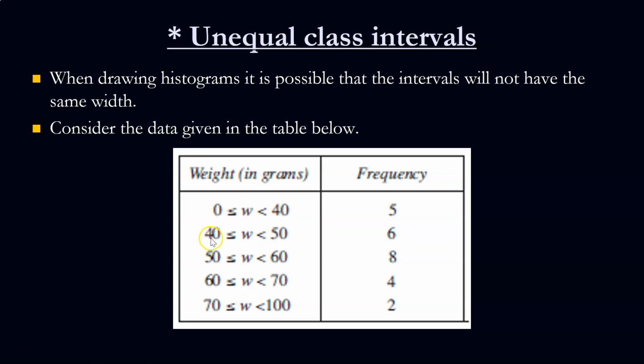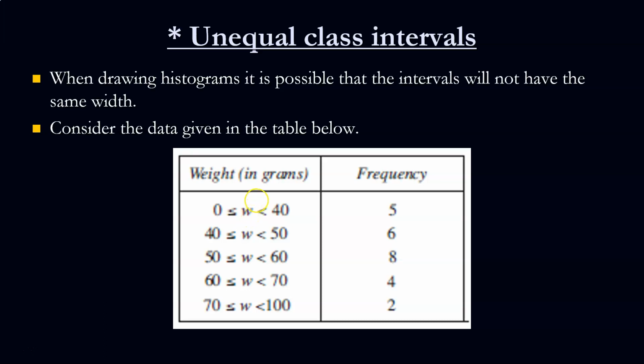And suddenly, you have 40 until 50 saja. Dalam ni ada 10. Then 50 until 60, also 10 numbers. But dekat hujung sekali ni, you have 70 until 100, which consists of 30 numbers. So dia punya class width ataupun class interval tu tidak sama.